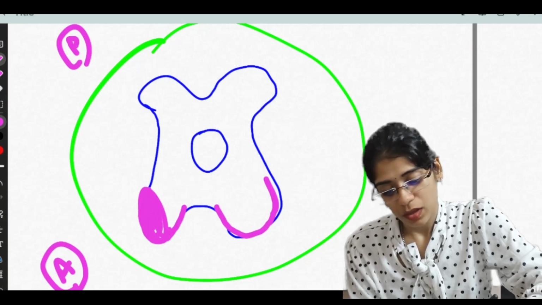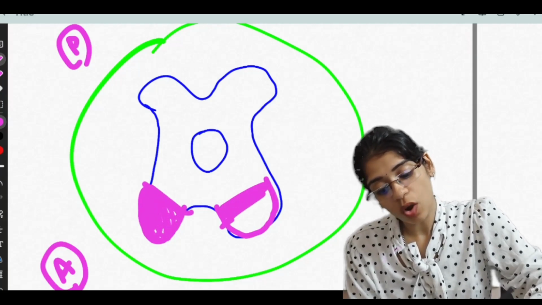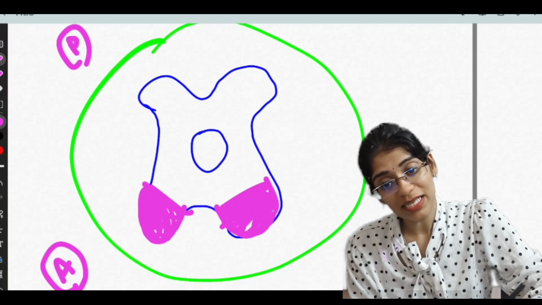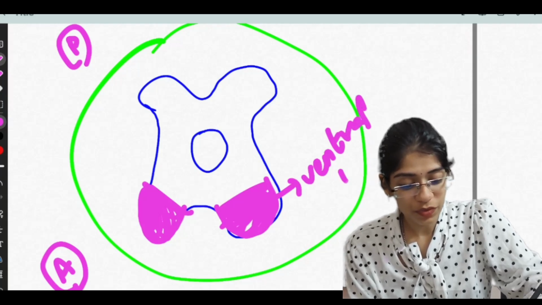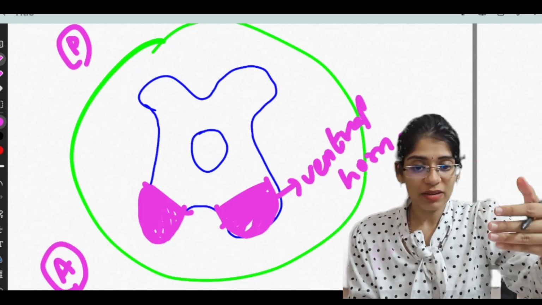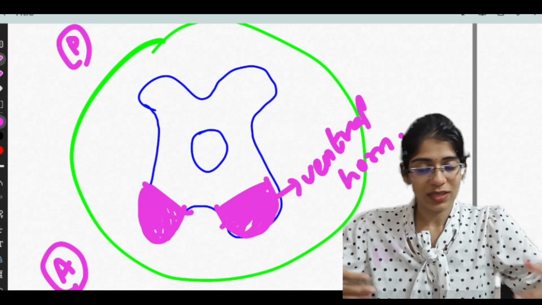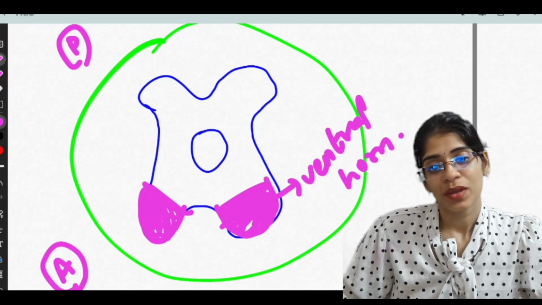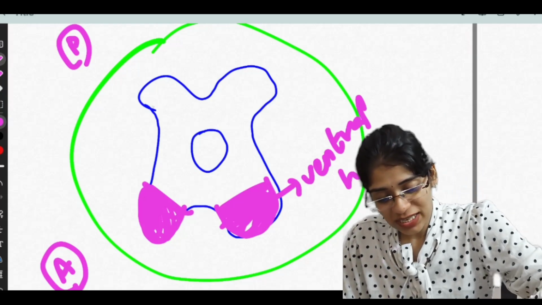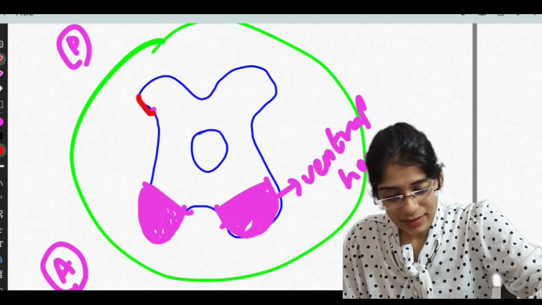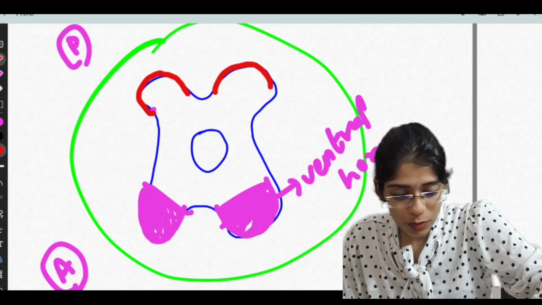This projection is called the ventral horn. Ventral means anterior. That's how we say anterior in medical terms. Ventral horn. Now posteriorly, you can see there are another two projections.